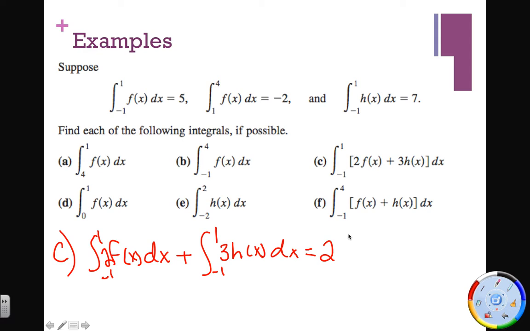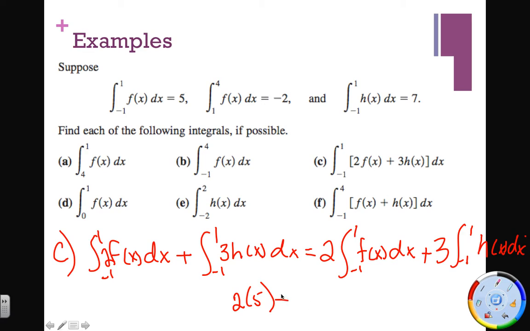So 2 times the integral from -1 to 1 of f of x dx plus 3 times the integral of -1 to 1 of h of x dx. And now it's so simple, right? Because f of x from -1 to 1 is defined as a 5. So I get 2 times 5 plus 3 times, let's see, 7. And I get 10 plus 21 is 31.